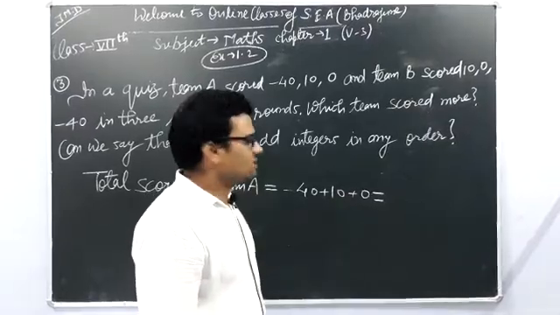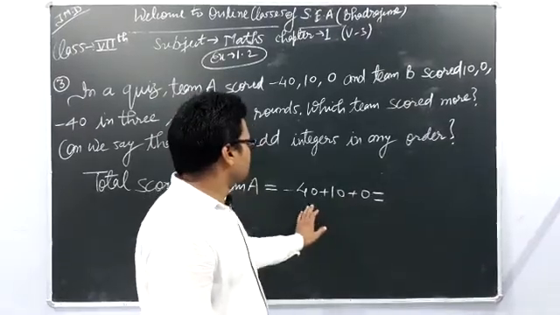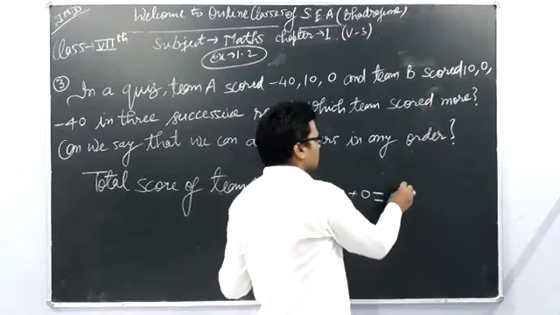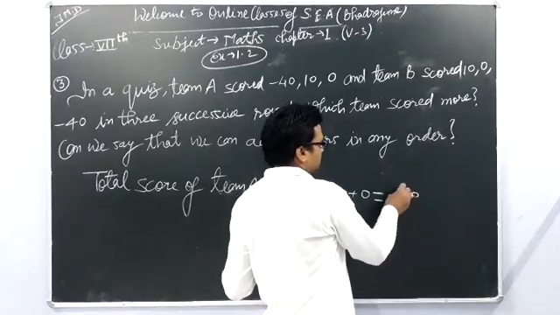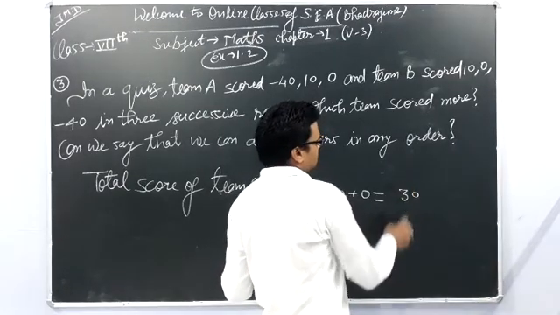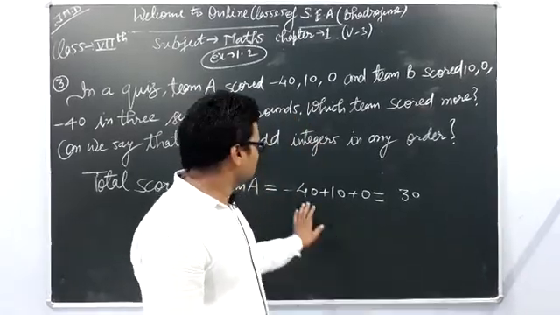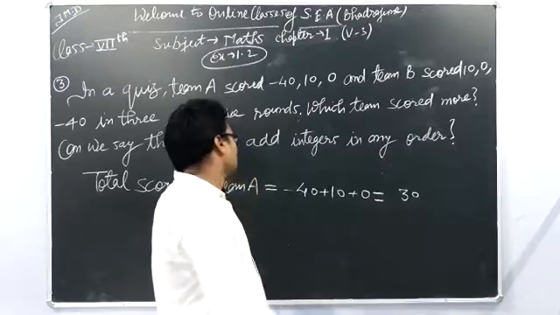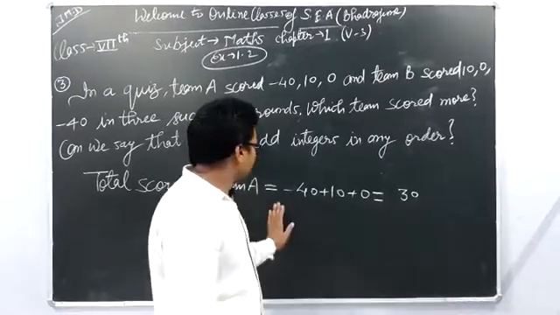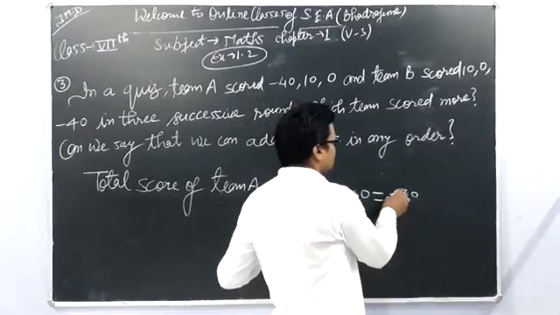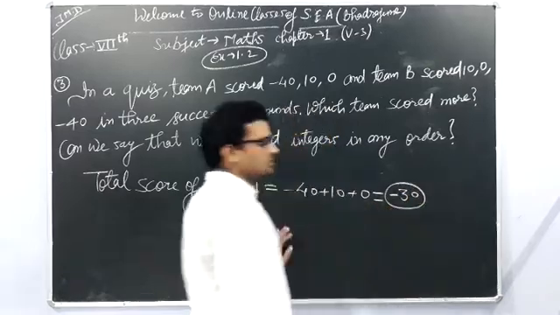The difference is 40 minus 10, which is 30, and the sign of 40 is minus, so we give it a minus. This is -30.